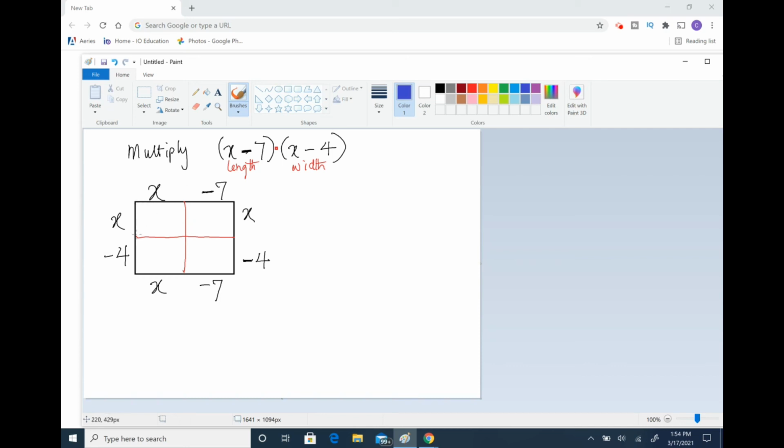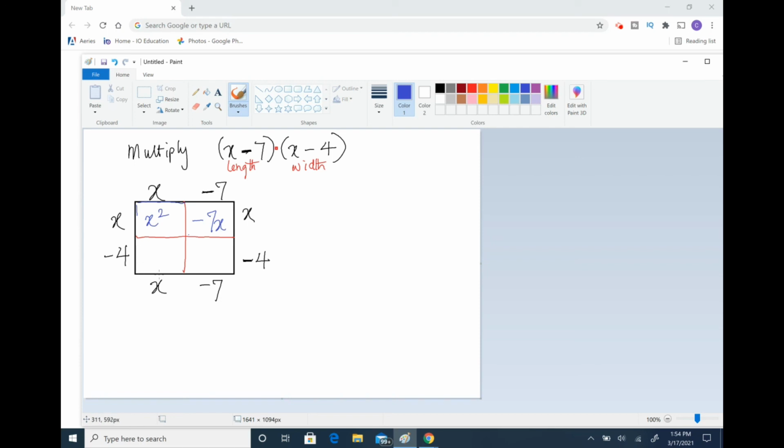So what's the area of this first box here on the top left? The length is x, the width is x. So x times x is x squared. I go to the second one here on the top right. The length is negative 7, the width is x. So negative 7 times x gives me negative 7x. Then I go to the bottom left one here.